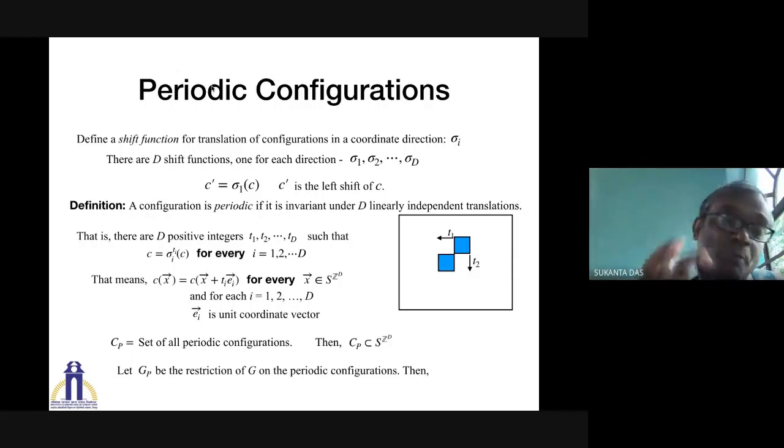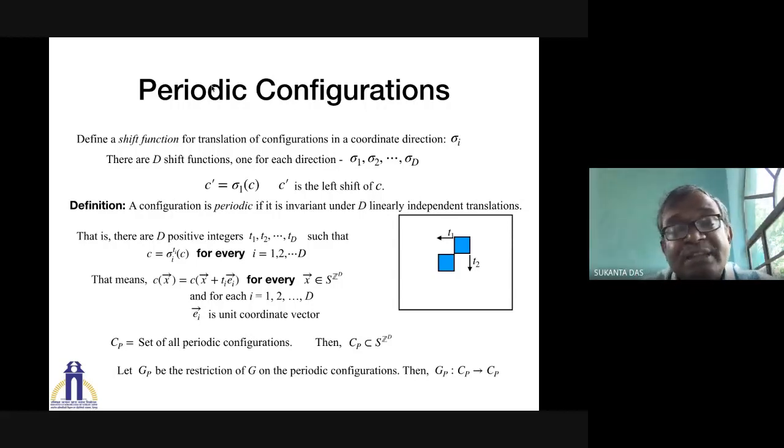Now, considering a subdomain, by applying the restriction, I get CP. So G is working on CP. If G works on CP only, let us call it GP. Then I get GP from CP to CP. So this is again a new global transition function that works only on periodic configurations.